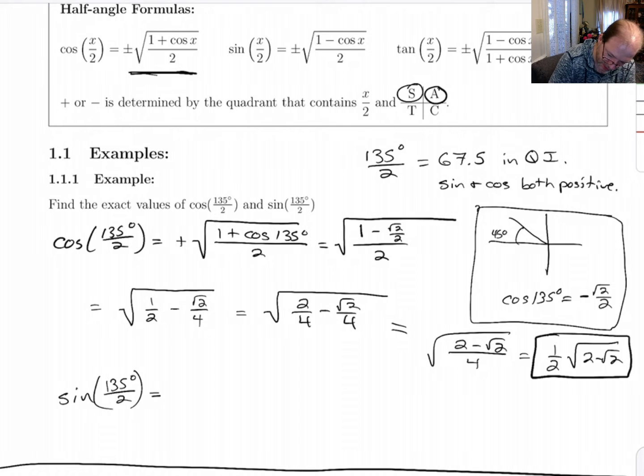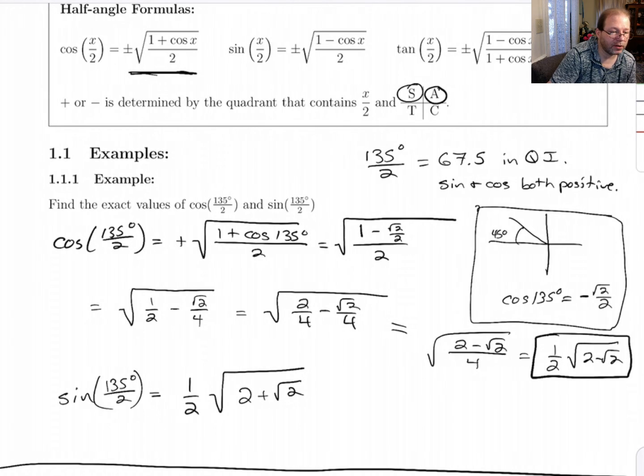I think we can just change the sign here, but let's double check that. This plus becomes a minus. That makes this one a plus. Plus, plus, plus, plus. Yeah, so we can say this is going to be 1/2 root of 2 plus root 2.